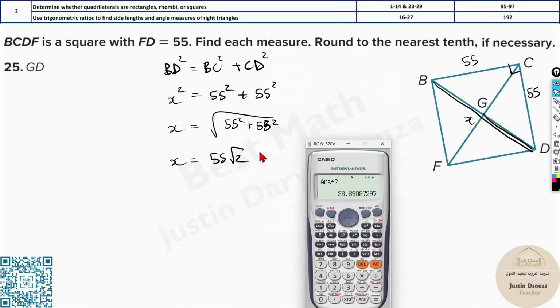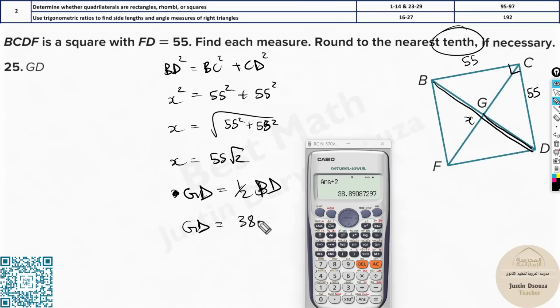And you can write it in terms of root 2. But over here, let's write decimal. And they have told us to round it off to the nearest tenth. I will come to that in a minute. So here GD will be equal to half of BD. We already solved it.